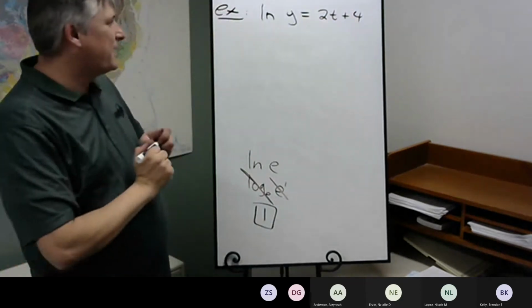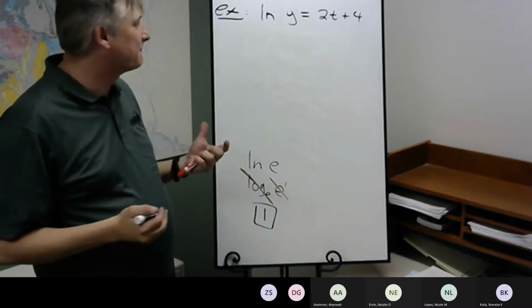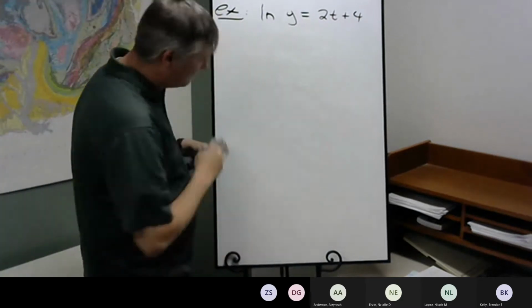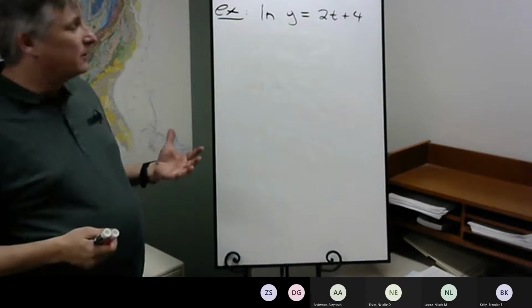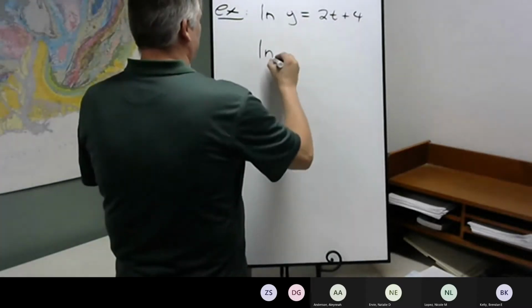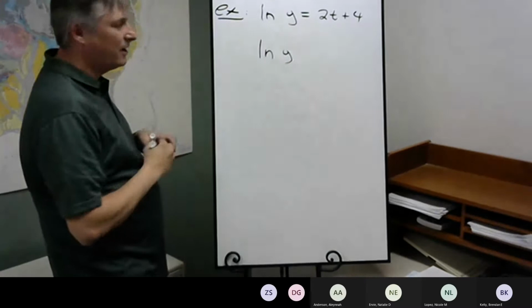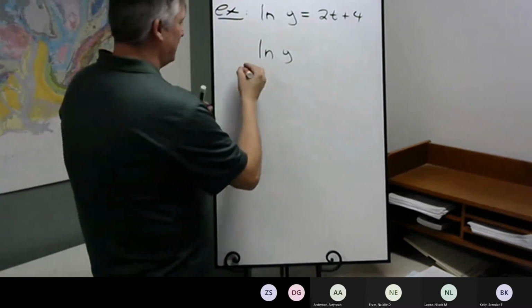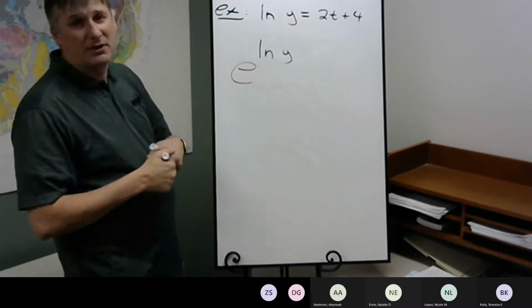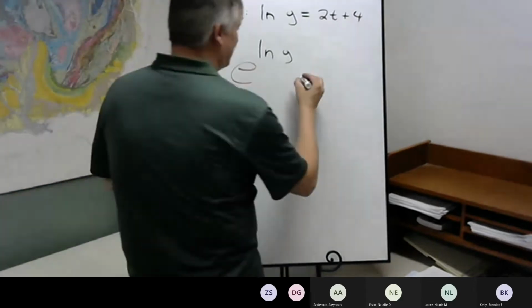So let's say in this case we're solving for y. How do we do that? Well, one thing we can do, let's make the ln of y an exponent of e. First, what we do to one side, we have to do to the other.